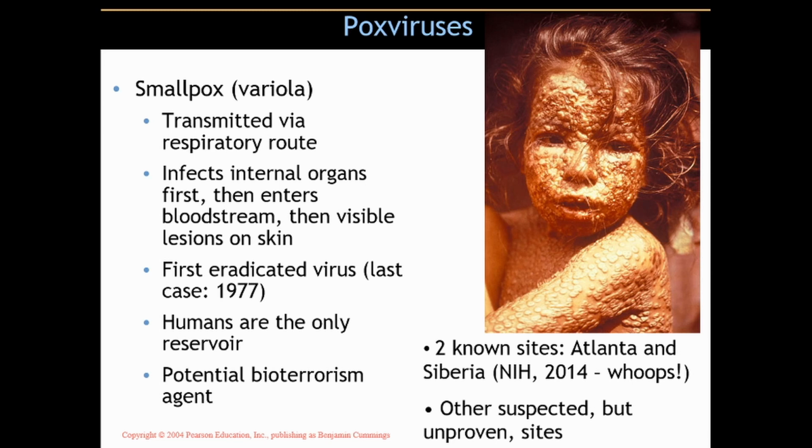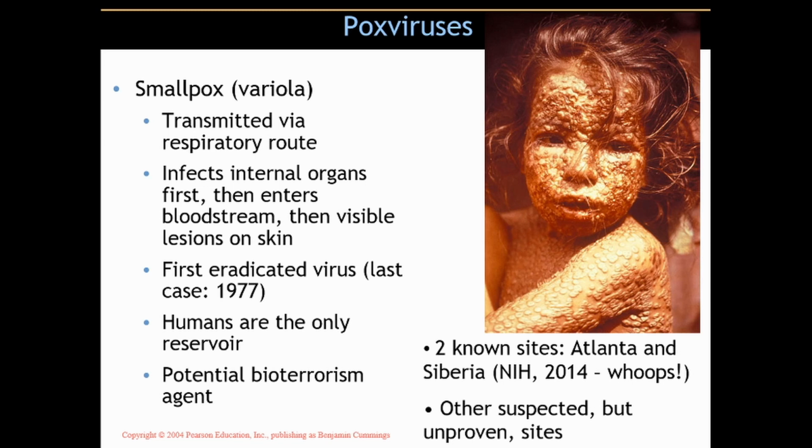Another first about this: it was the first eradicated virus. It was the first disease that a vaccine was developed for, by Edward Jenner in 1796. So he saw the association between cowpox and smallpox, and there's a great story about how he discovered that and then developed a successful vaccination against smallpox.